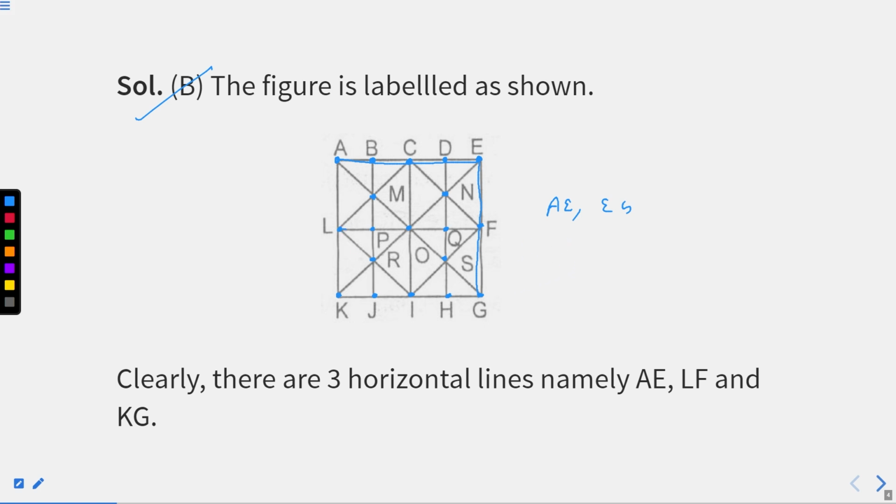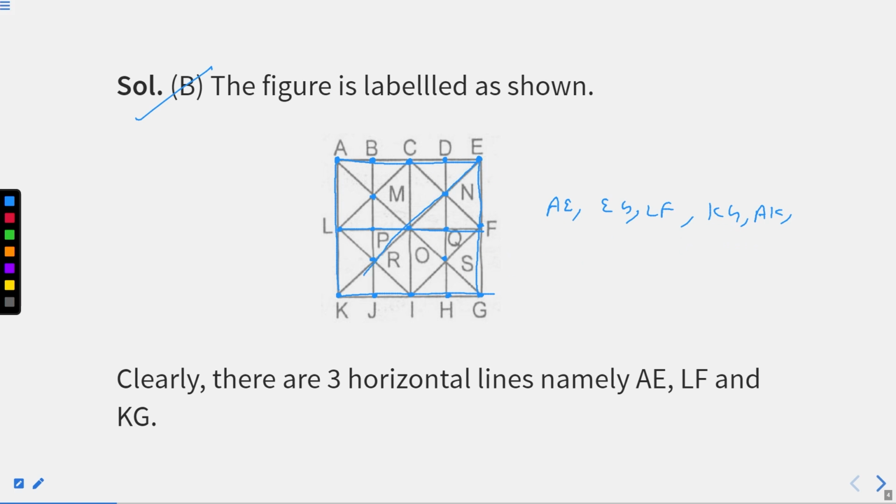You can see LF is another line, KG is another line. Again, what we are doing, we are marking it and we are redrawing it. If I am doing this, AK is another line. Why am I explaining too much for this question? So that for further questions, you won't need that much explanation, and then we'll finish questions quickly, right? So that you don't spend too much time on a question, right?